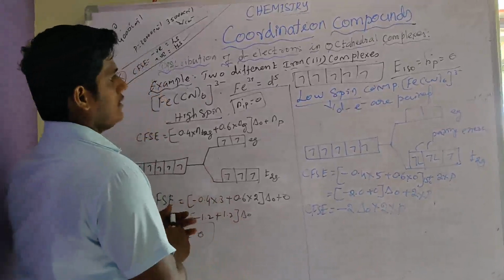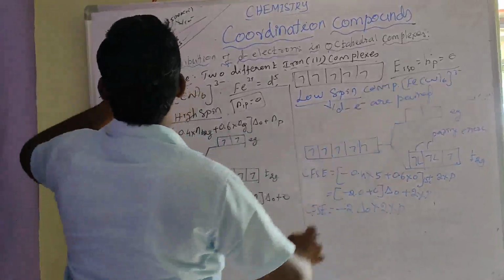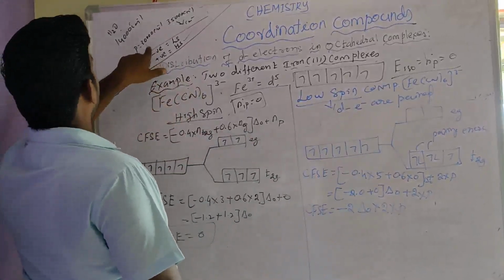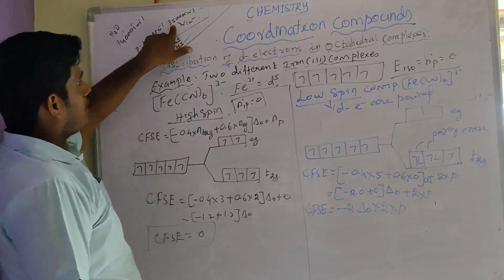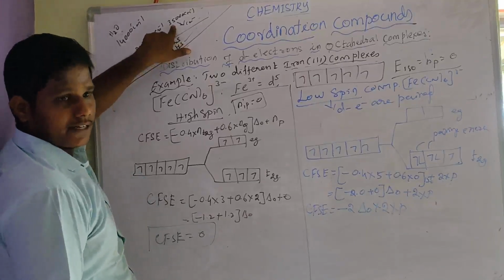Okay, so in the cyanido complex, the delta naught value is 35,000 cm-1 as given in the textbook.